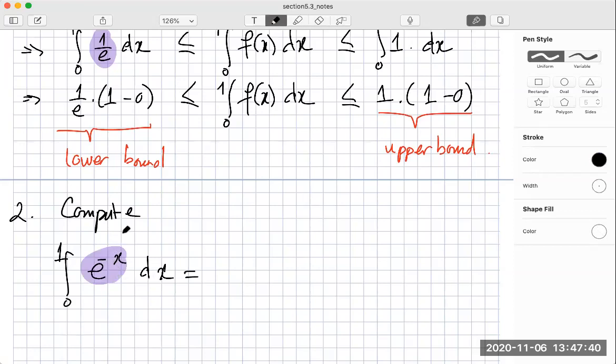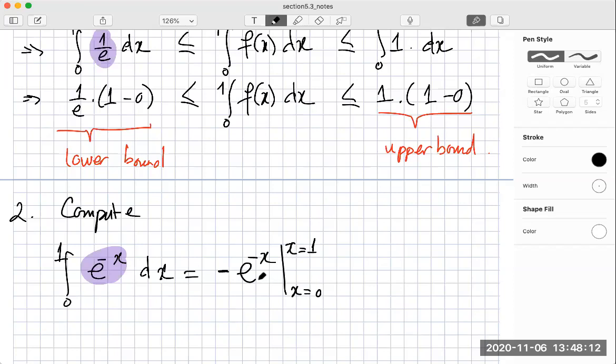Thank you, Daniel. And what is the antiderivative of e to the negative x? E to the negative x. Be careful. It is negative of e to the negative x. It's very tricky right here, right? We evaluate from x equal to 0 to x equal to 1.